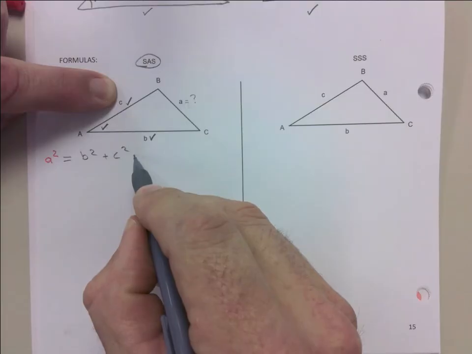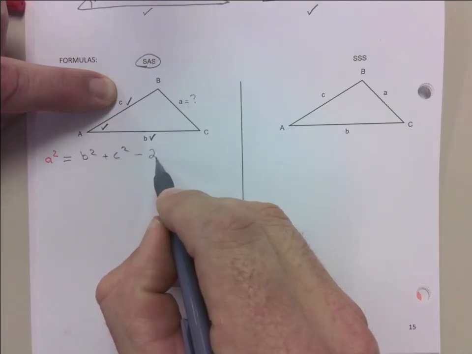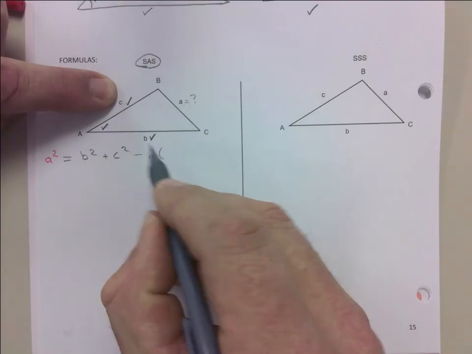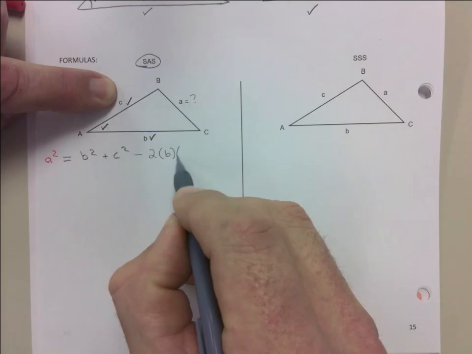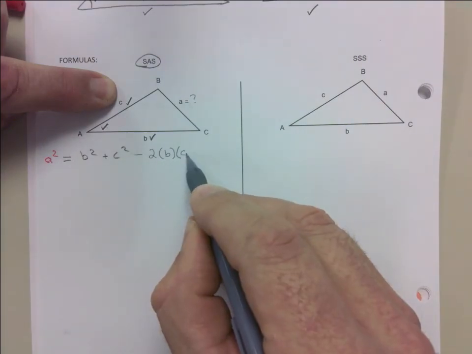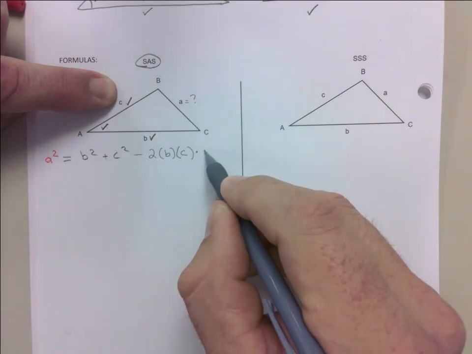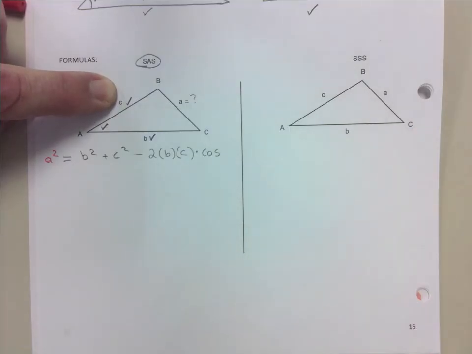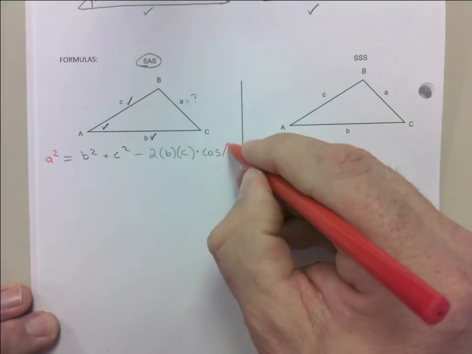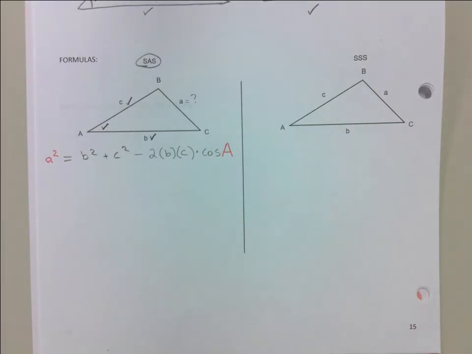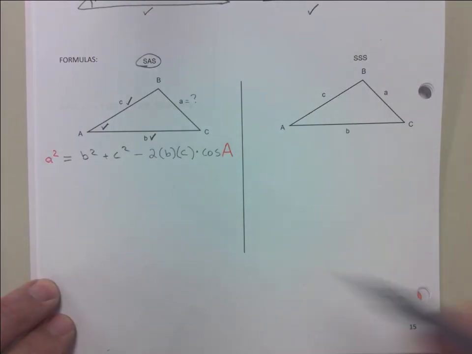Then there's this part, minus 2 times b, like the first side that we've used, times c, times cosine of that angle that we know, which is angle capital A. Okay? That is cosine law in a nutshell right there.